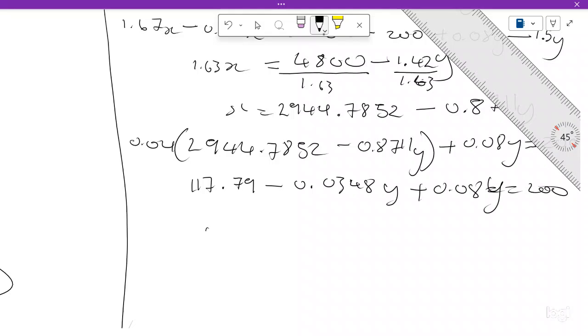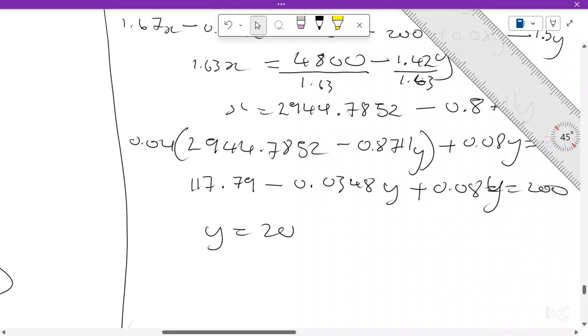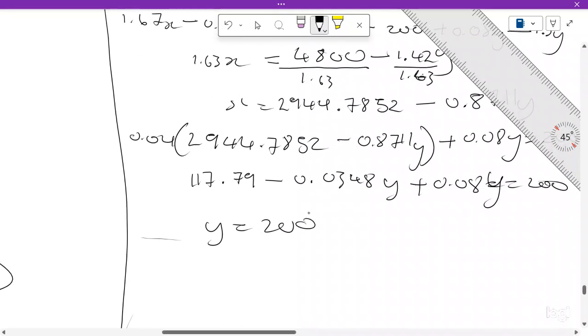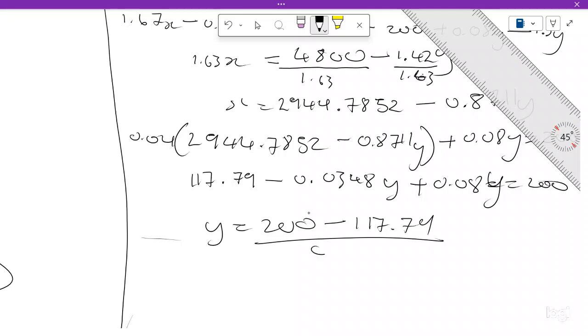135 equals 0.02 minus 0.08, actually we take it as a positive, 0.06y, so y equals 135 divided by 0.06.